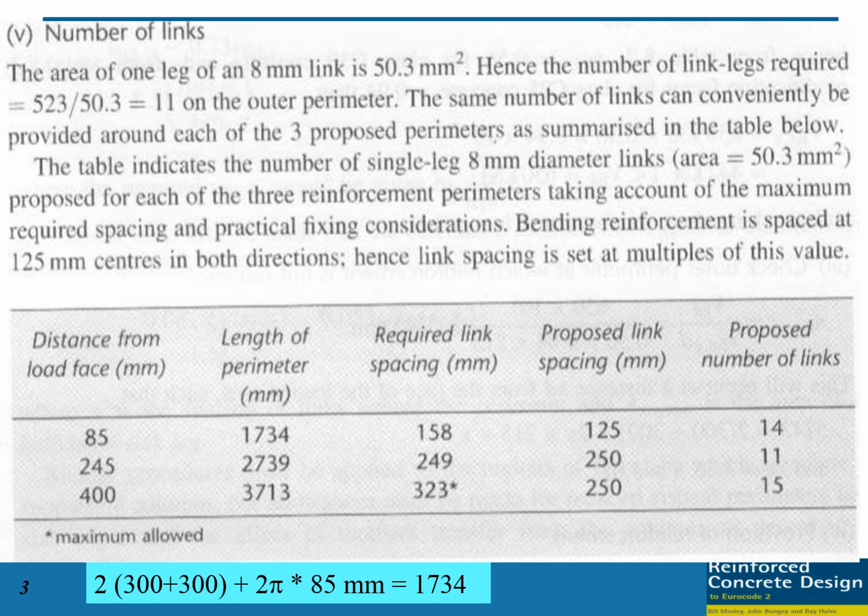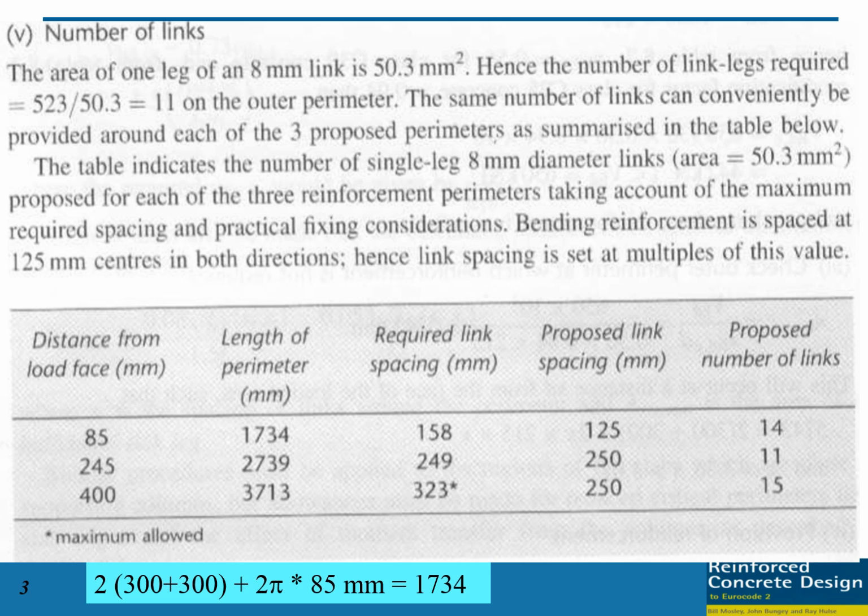So by using these distances, we can get the length of perimeters 1734, 2739, 3713. So how to get this value? We use this equation. You can see here for 85, 2 multiplied by the perimeter of the column plus 2 pi multiplied by the distance, 85, we have 1734. So for the others, you can change the 85 with the 245.